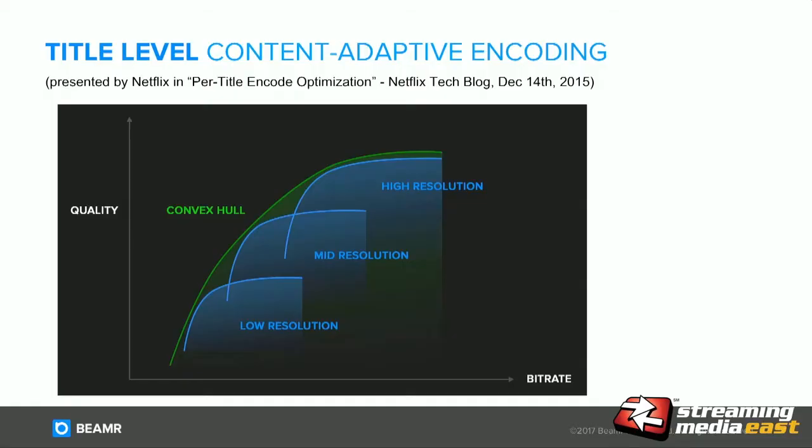Now, the title level is actually very interesting, and I'm going to assume that many of us have read or studied or heard Netflix even directly talk about what they're doing. If you have not, this was initially published on their tech blog December 14th, 2015. And there have been a lot of other subsequent blog posts by them and others that talk about what they're doing.